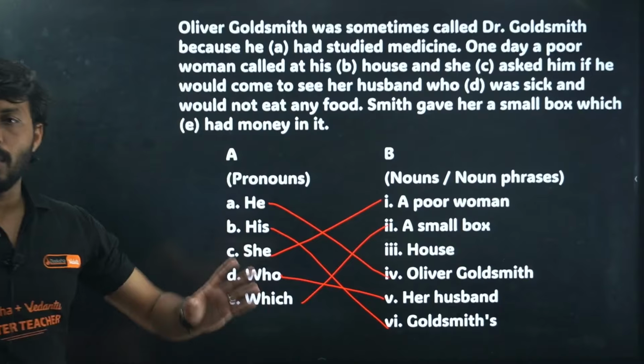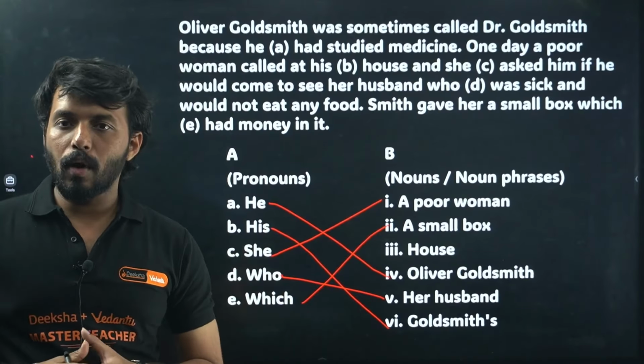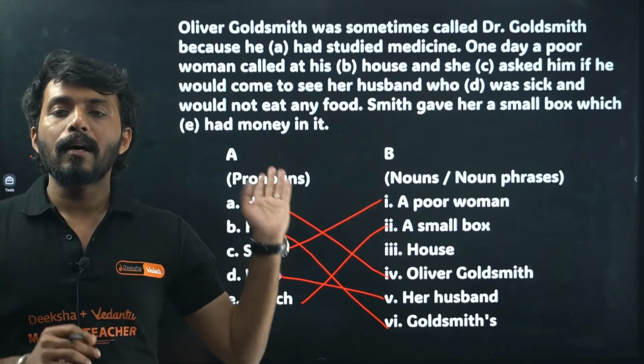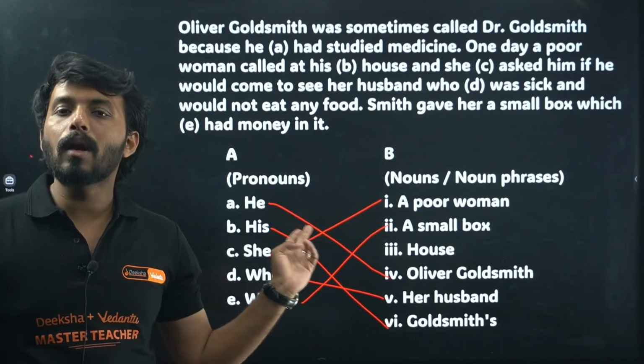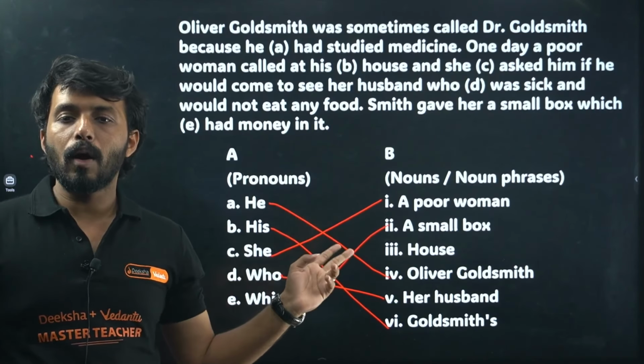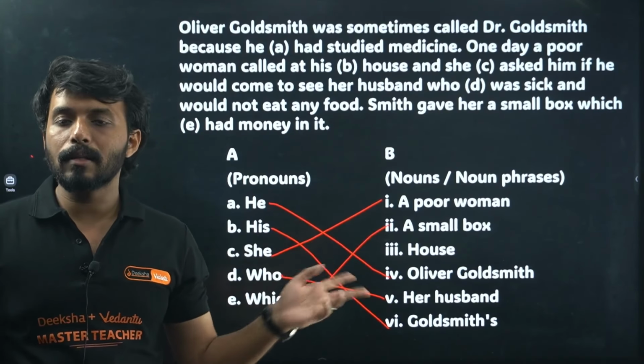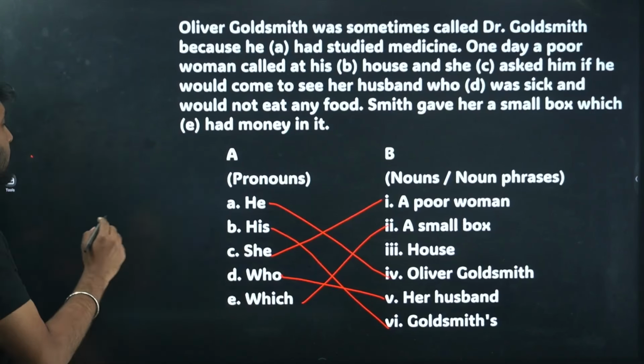Okay. So, do you simply match the following? No. You have to write the respective options in column A with the noun or noun phrases in column B. So, how do you write the answers in the exam?